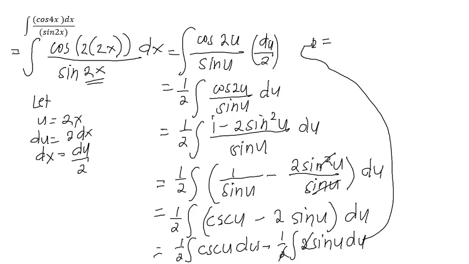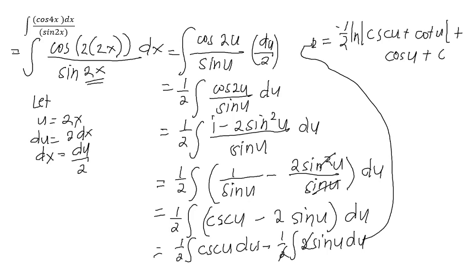Now, let's integrate each term. 1/2 csc u du is equal to negative ln of cosecant u plus cot u, right? And then the integration of sine u is simply negative cos u, so plus cos u plus c.